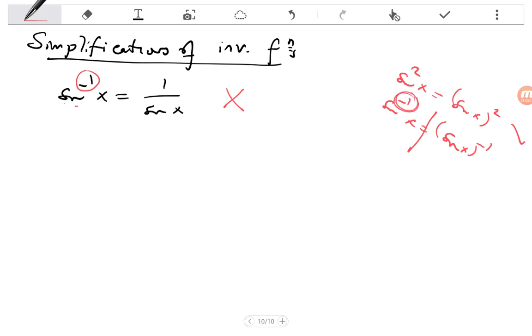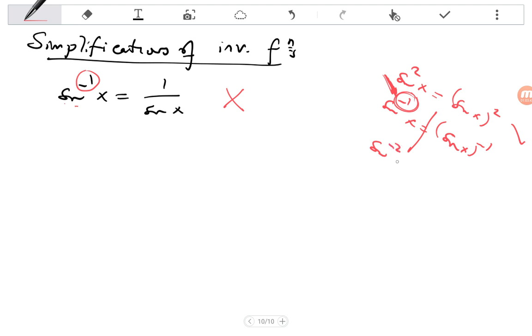When you put negative 1 in the power, this is just a symbol for the inverse operation. It is not interpreted as a power. This symbol is reserved for the inverse operation, not the power. But any other number instead of negative 1 will just be a power.